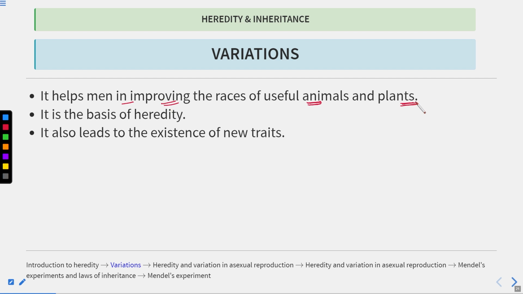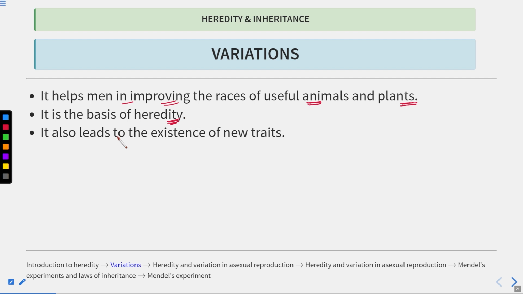We can select the traits that we want in the progeny, and we will get an improved variety. Now next, it is the basis of heredity. Clear? Variations accumulate and lead to the evolution of the species, and these variations are transmitted from one generation to another generation.